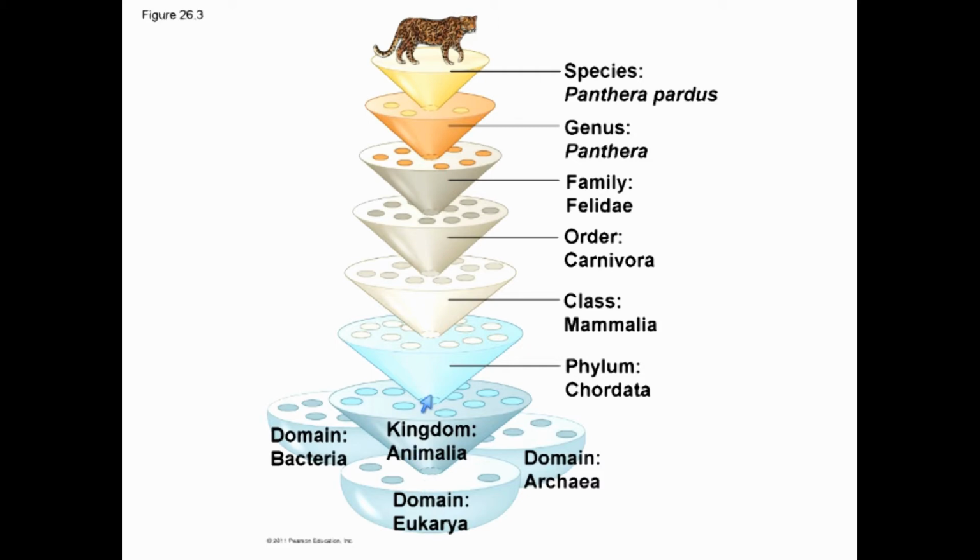We pick one phylum, Chordata, one class, Mammalia, one order, Carnivora, one family, Felidae, one genus, Panthera, and one species, Panthera pardus. This shows how we go from a single species of an organism down to the very broad category of the domain.